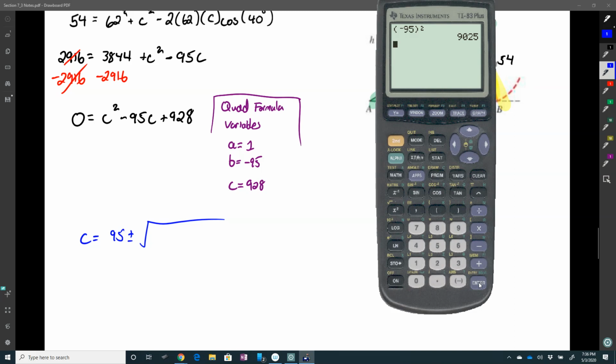So 9025 minus 4 times a times c. A is just 1, so 4 times 928. And then the whole thing divided by 2. So I'm going to figure out what that square root is. Square root of 9025 minus 4 times 928.